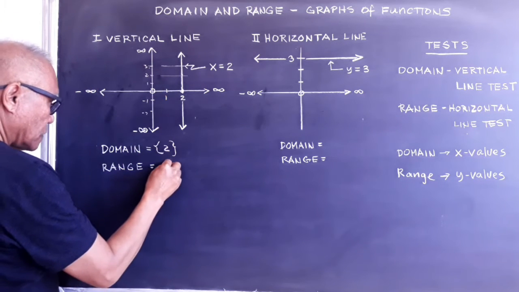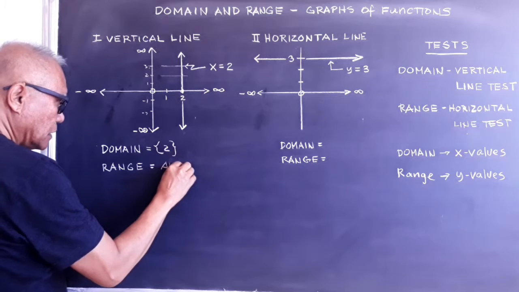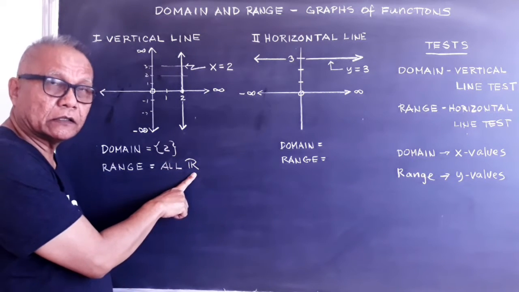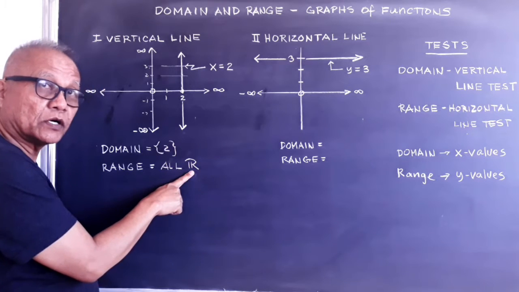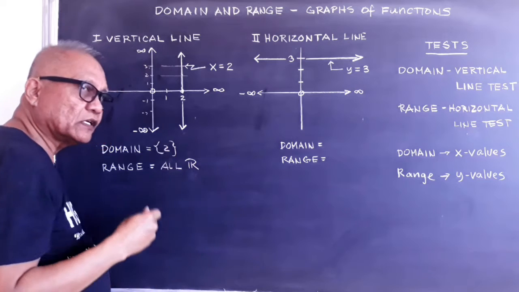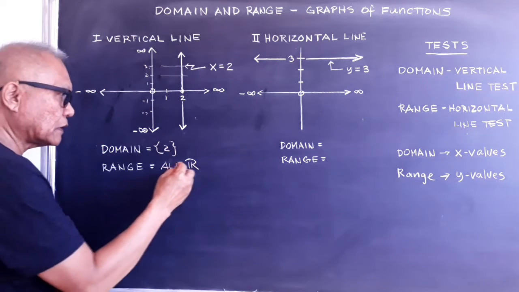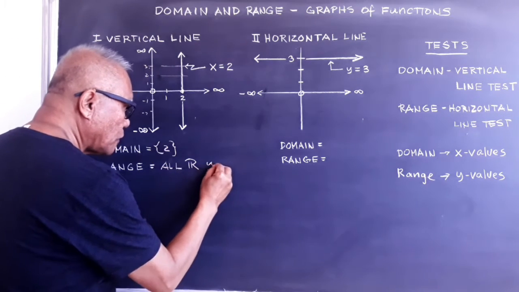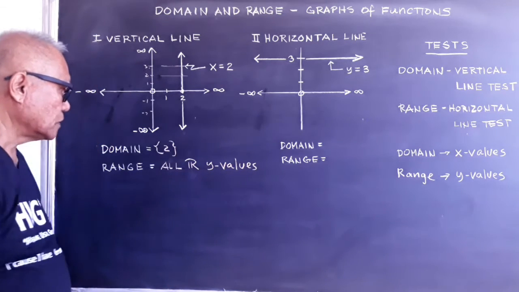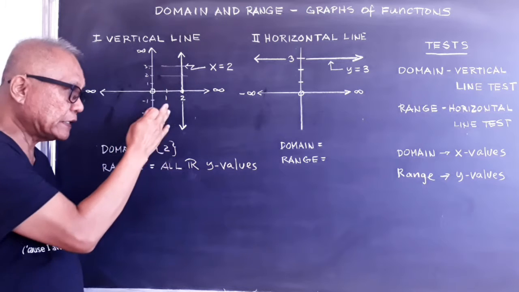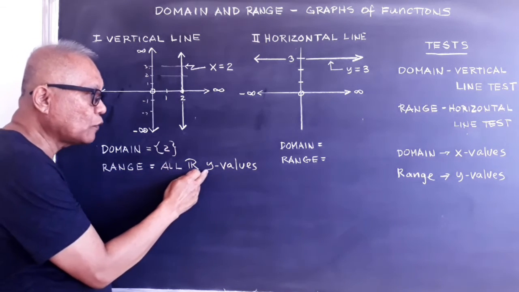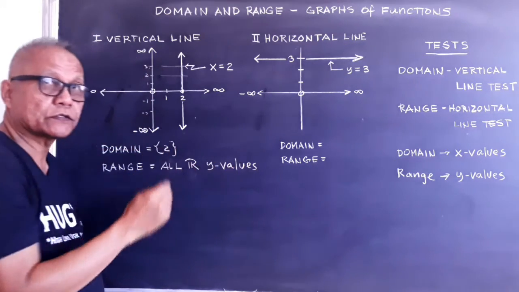So the range is all, what is this one, class? All real numbers. Not only real numbers, we have to specify that these are the y values. So the range of our vertical line is all real numbers, or all real y values.